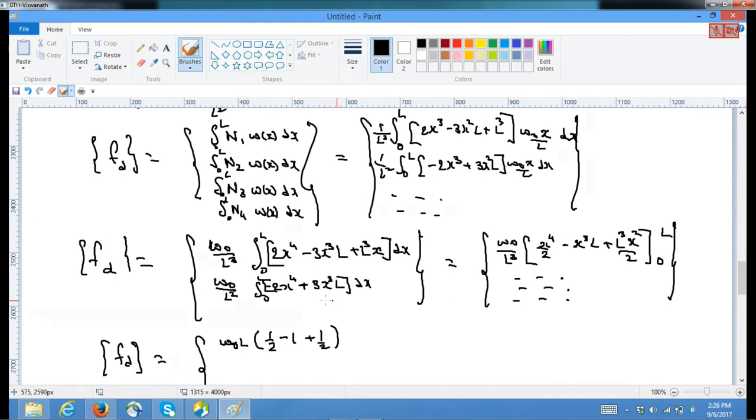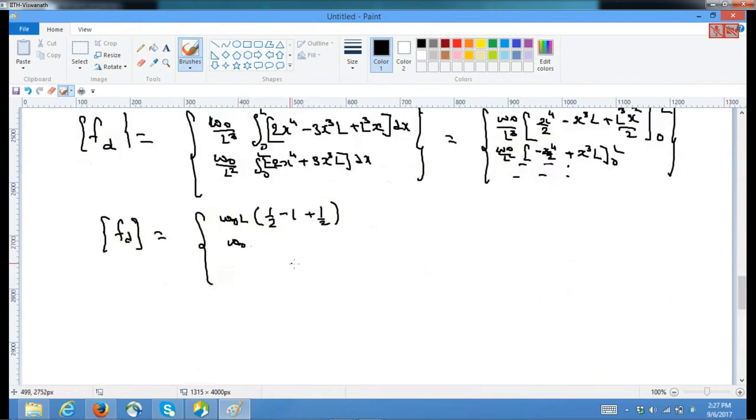That would make this one W naught by L square, this would be minus x4 by 2 plus x cube by L, from 0 to L. If I evaluate that, I would get W naught L square into minus half plus 1.